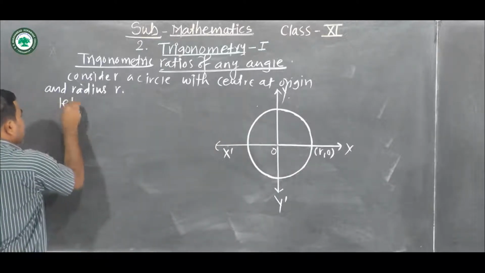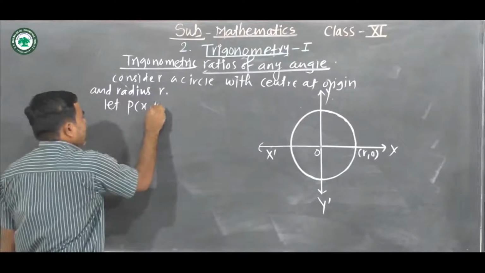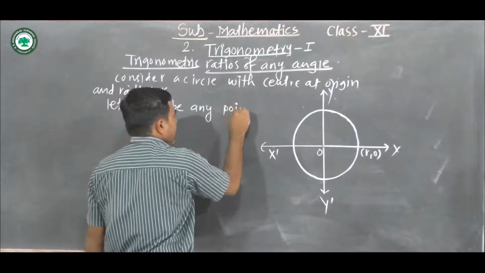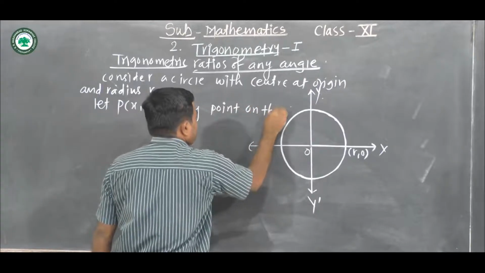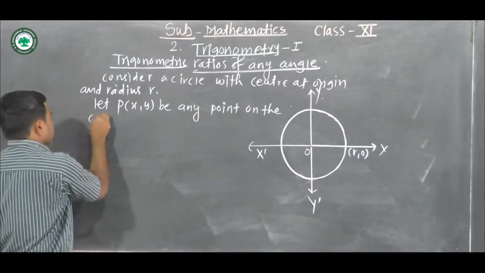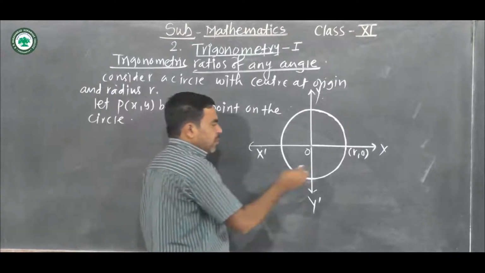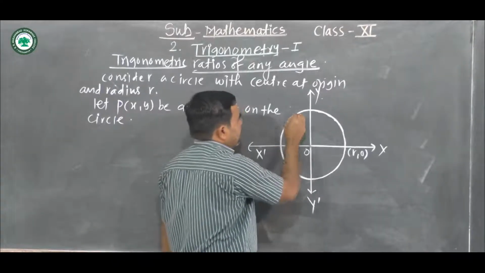Let P(x, y) be any point on the circle. So we have taken any point on the circle. Means we can choose that point here, here, here, here, here also.